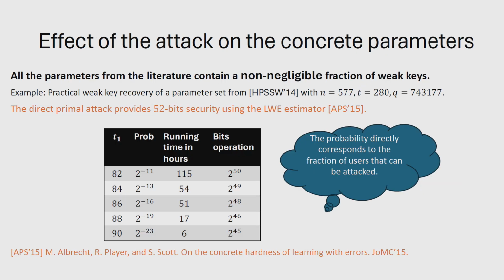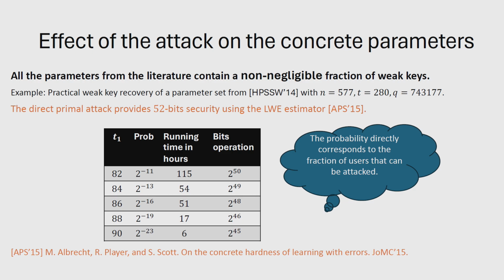OK, we used our attack on some concrete parameters that were used in the literature. For example, with the 2014 proposal, one of the parameter sets that has n 577, T 280, and q 743177, we were able to solve the problem in reasonable time.